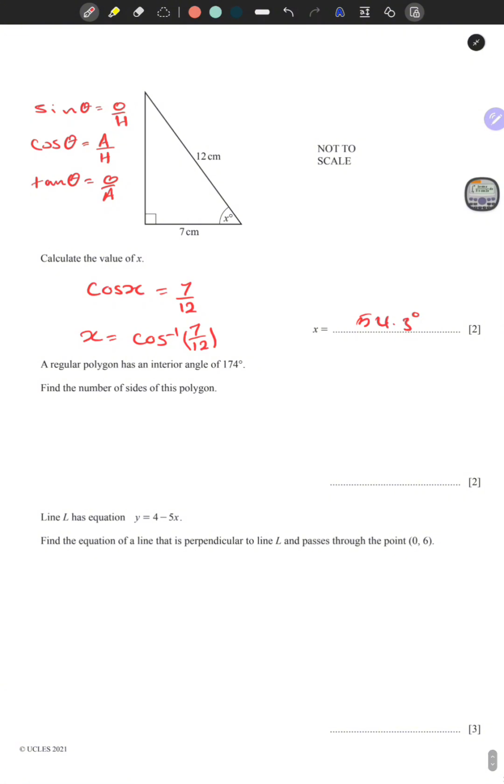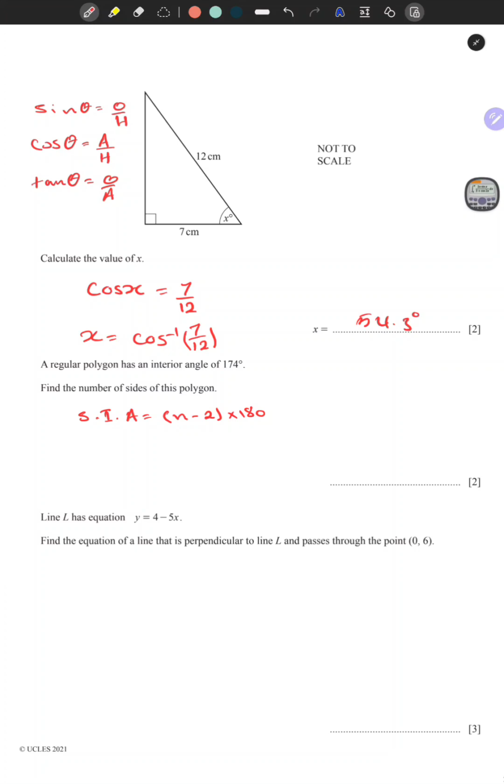Alright, so you have the sum of the interior angles equals n minus 2 times 180, and the sum of the interior angles will basically be a single angle multiplied by the total number of sides. Here I don't know the total number of sides, so it's given as n.